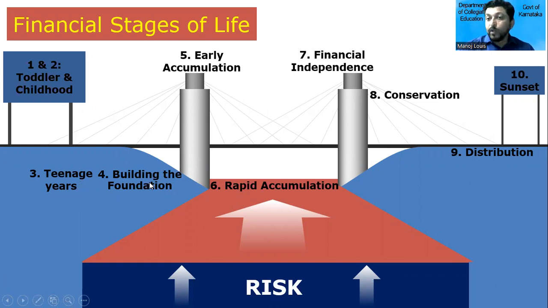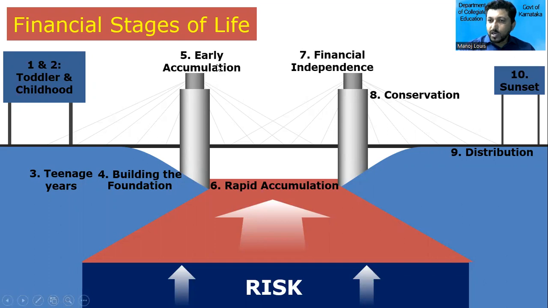Sometimes you do things not expected by your family and friends. Then when we are moving out of teenage and completing our college, say at 21, or completing our post-graduation at 23 years, we start building the foundation as far as finances are concerned. A good knowledge of savings and investments at a very young age, you start early accumulation.